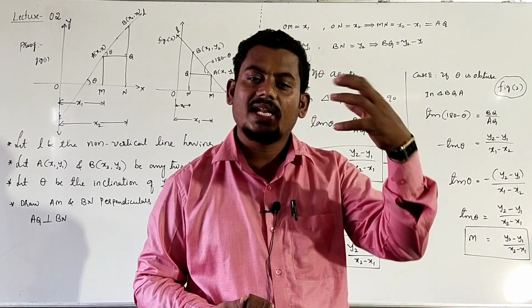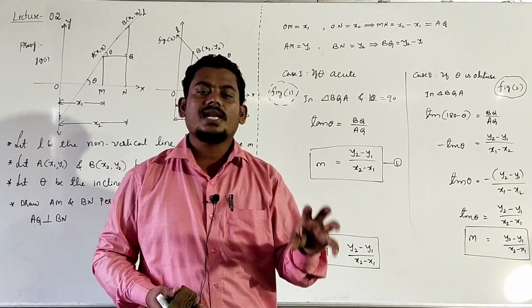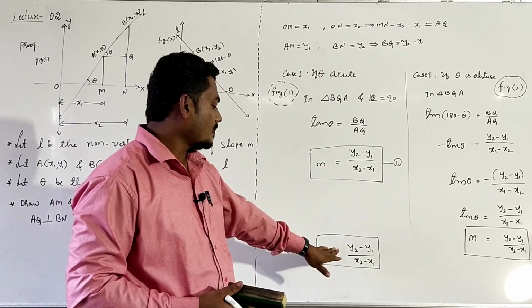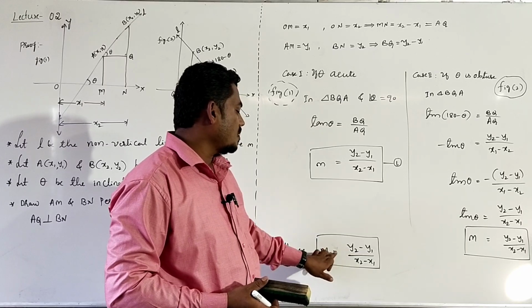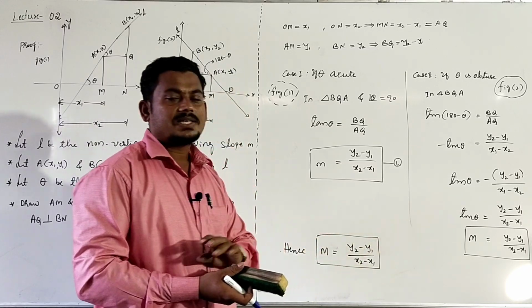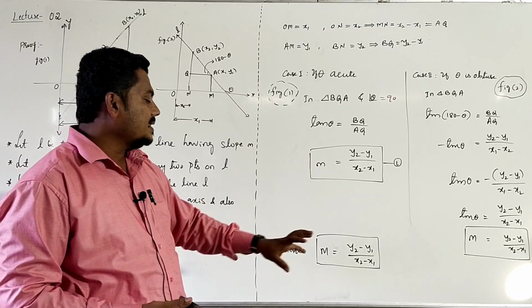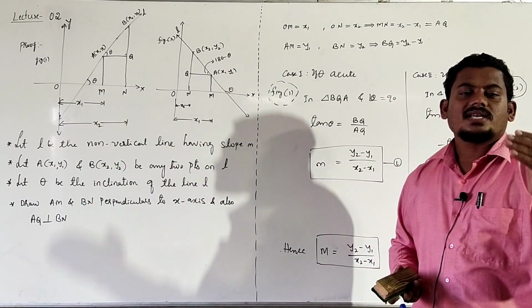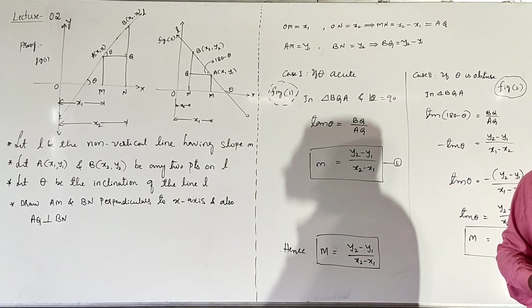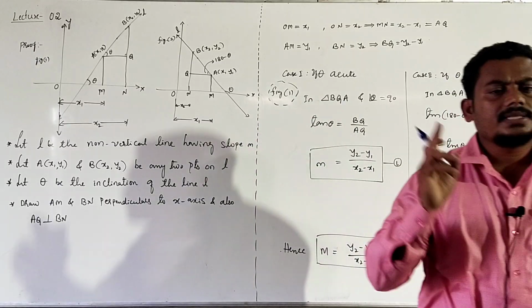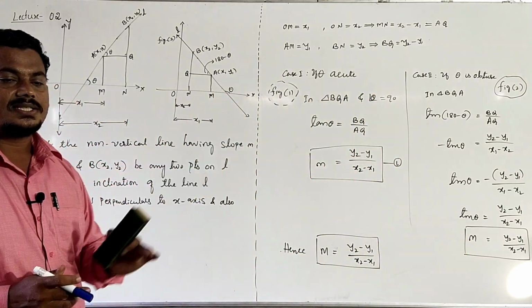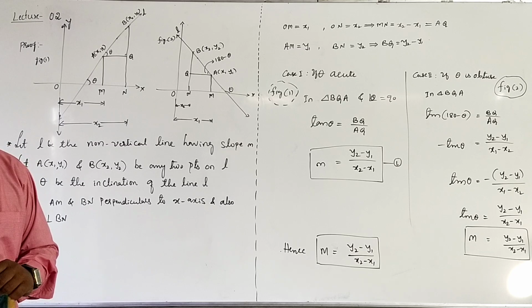Suppose the inclination of the line is not given, instead of inclination they may give 2 points on that line, right? M is equal to y2 minus y1 divided by x2 minus x1. This is the formula for finding the slope of a line passing through given 2 points, and this one is very important for 5 mark. It is a 5 mark derivation. Just copy it, right?